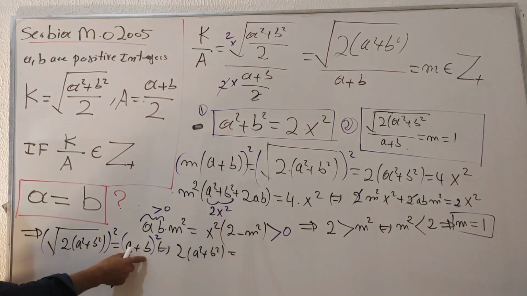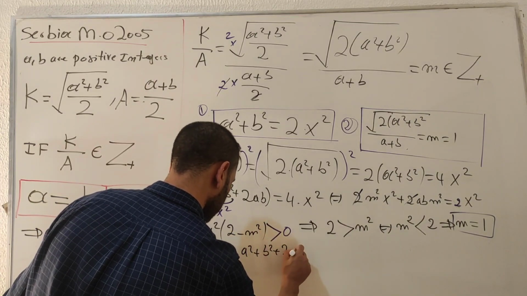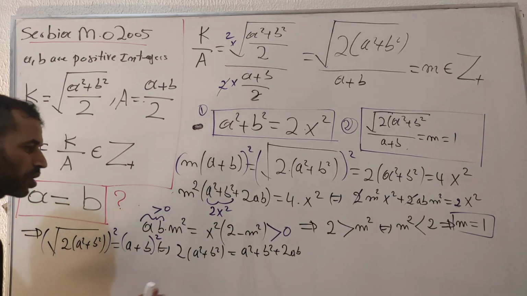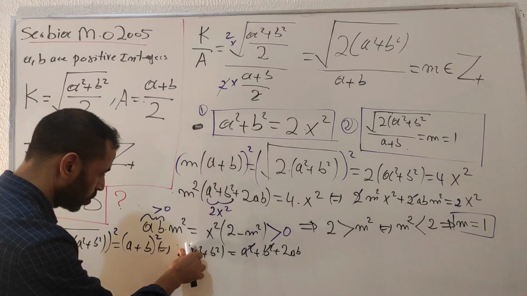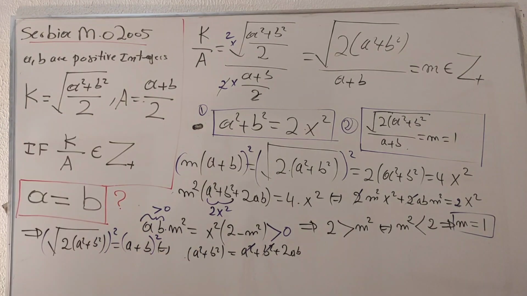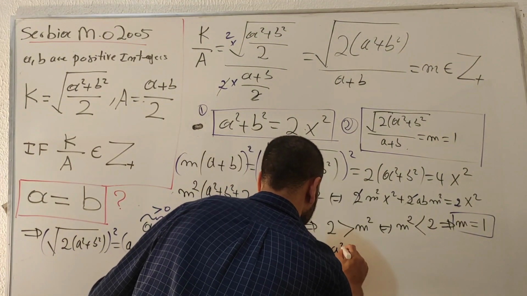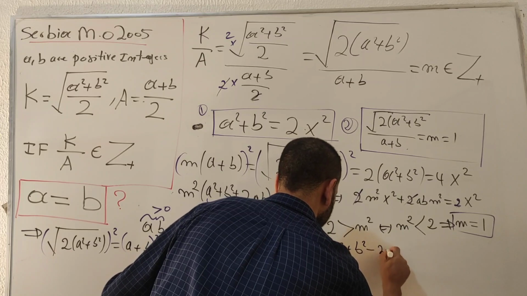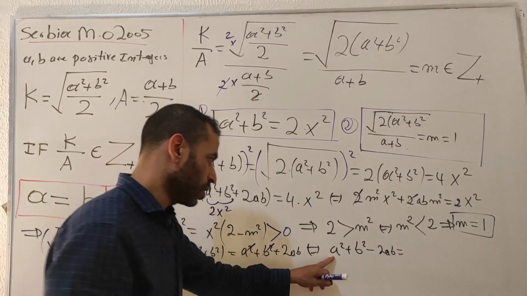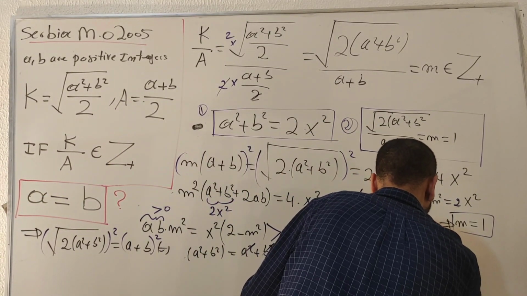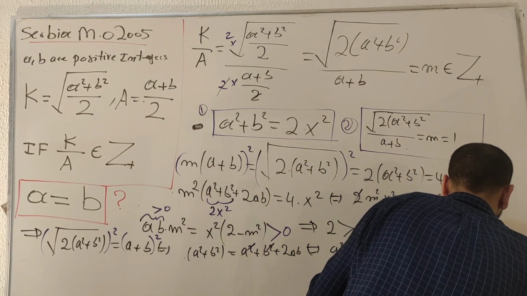Let's distribute this one out at the same time. I get a squared plus b squared plus 2 times ab. So we are going to cancel out a squared plus b squared from both sides. I will cancel out this number 2 down to number 1, by taking 2ab to the left side. So I get here a squared plus b squared minus 2 times ab. We know this one can be written in the form of a quadratic, so I get (a minus b) squared equals 0, thus a equals b.